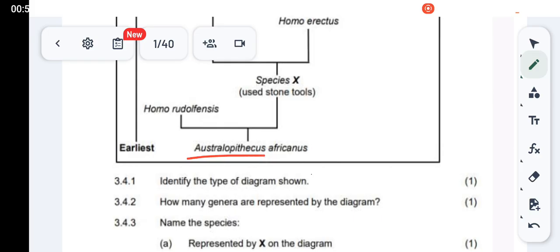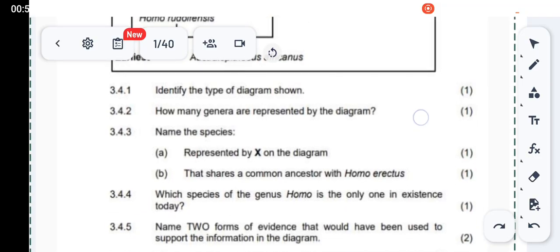If we combine Homo and Australopithecus, we now have two genera. So in the diagram, we have two genera. I hope you understand what I'm trying to say. So it's two genera represented by the diagram.